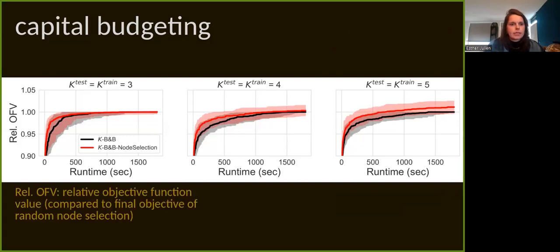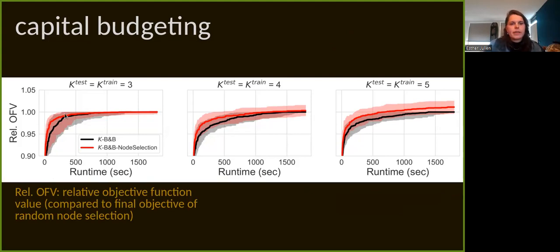Yes, so these are the results that we obtained over the runtime of the K-adaptability algorithm. Here you can see that we stopped after 30 minutes, I believe. And the K-adaptability branch and bound with node selection, so our new approach with the machine learning selection, is given in red.